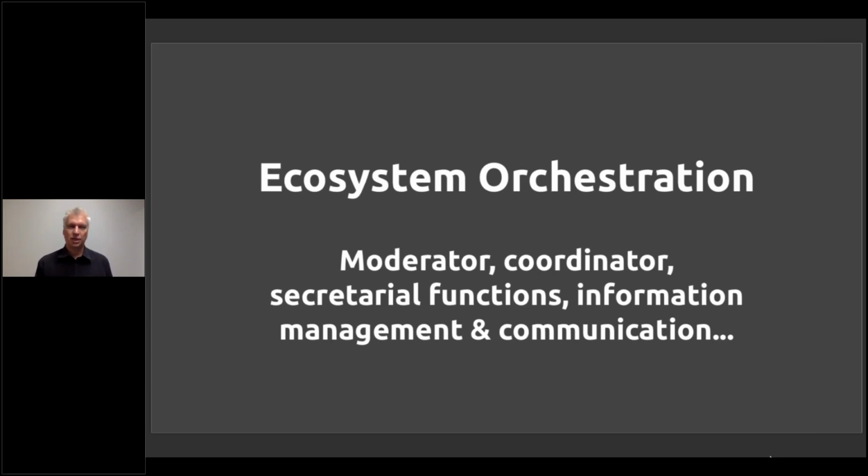Secretarial functions: taking notes, keeping information, communicating that information back to others, information management, communication, and so forth. So looking from the lens of ecosystem orchestration is the beginning part of then starting to look at what a governance model would look like around this type of mindset.